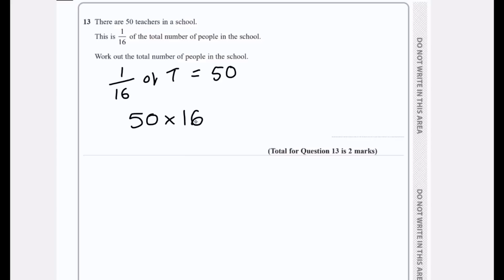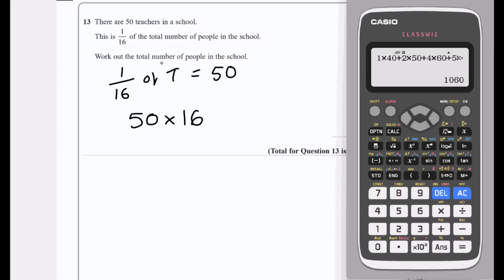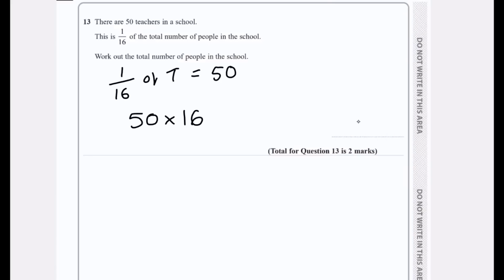So there are 16 parts. One of them is teachers. The other 15 is students. So the total is 50 times 16, which is 800. So there are 800 people, 50 are teachers, and 50 is 1/16 of 800.